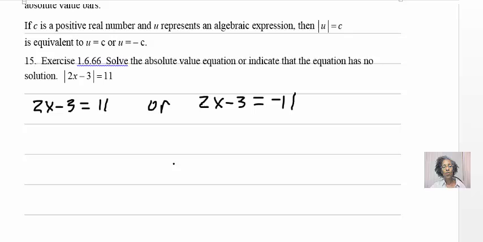So this rule that we just looked at allows me to rewrite this equivalently without absolute values. I cannot start to solve this until I remove the absolute value bars by rewriting it in an equivalent form. So I'm going to add 3 to both sides for both of these equations.